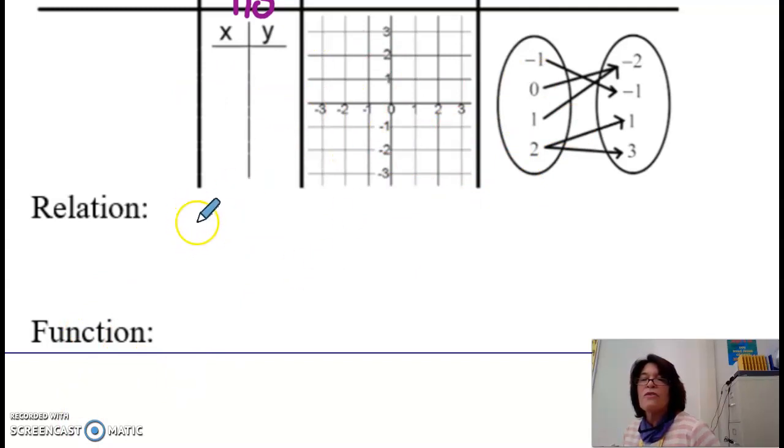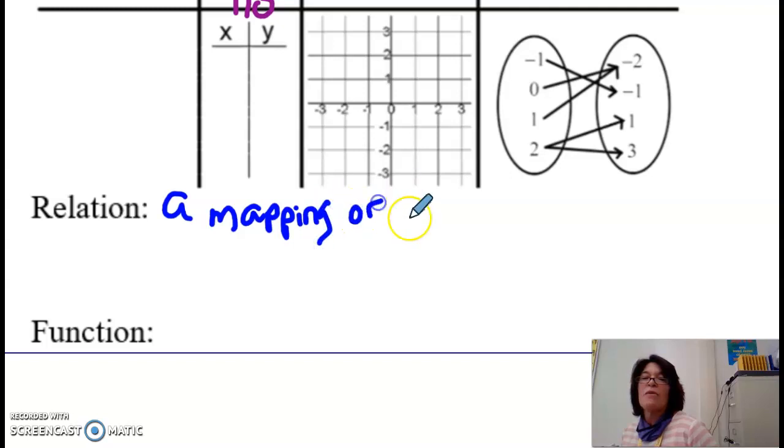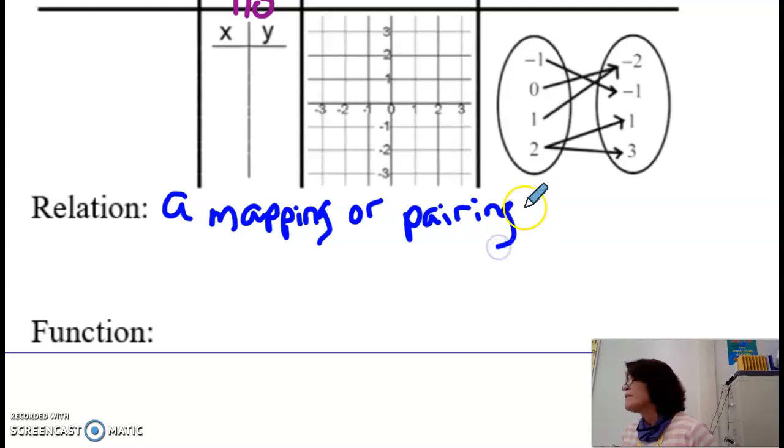While you're doing that, I'm going to write the definition of a relation. The formal definition from your Algebra 2 textbook is that a relation is a mapping or pairing of input values with output values.